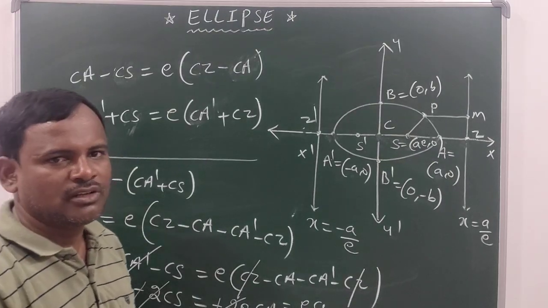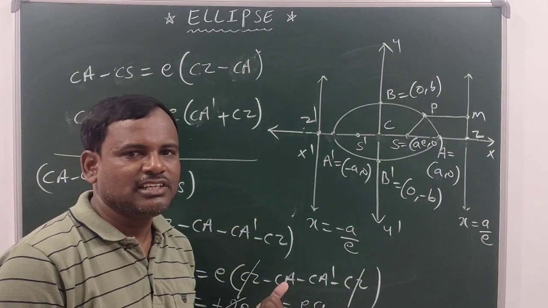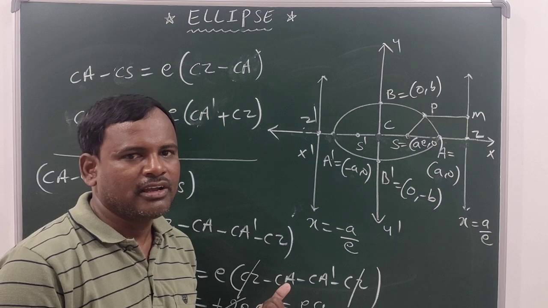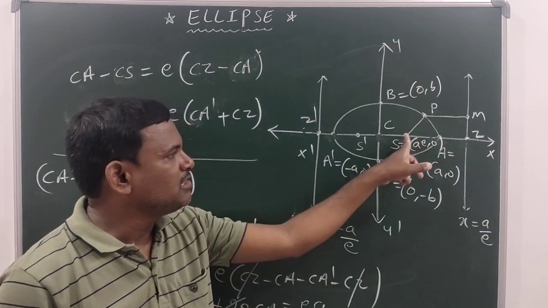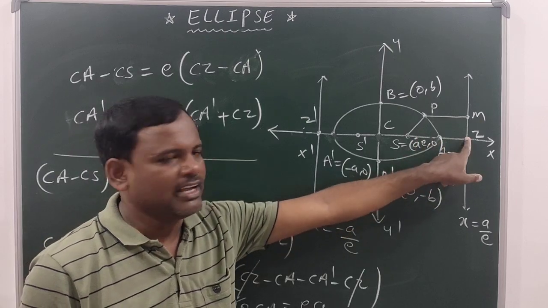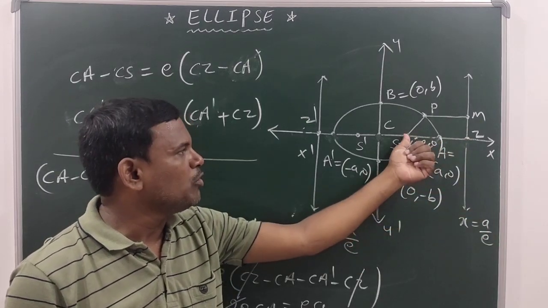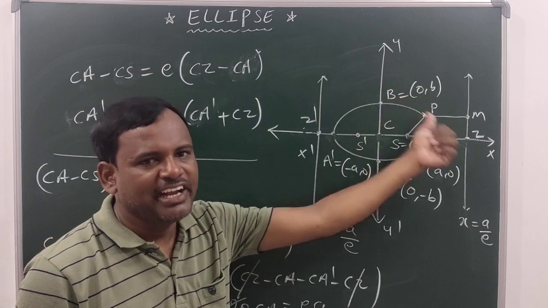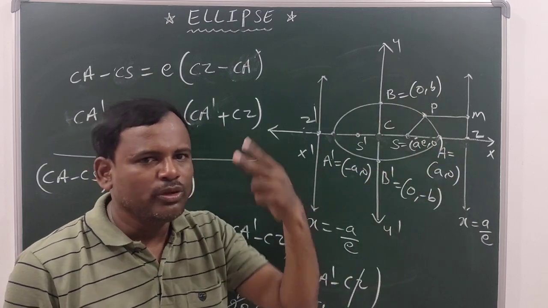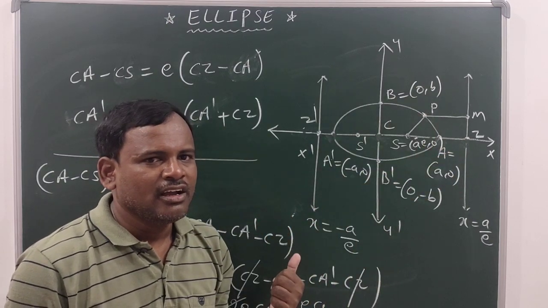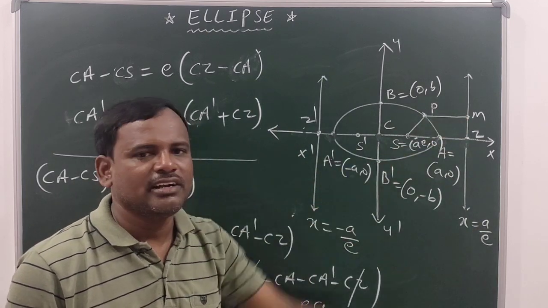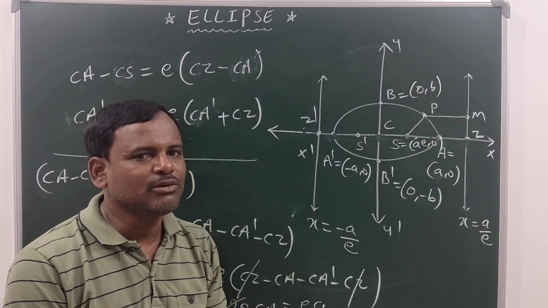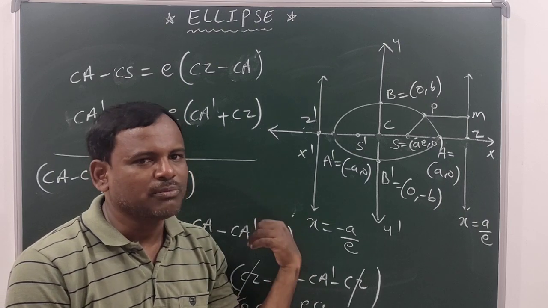Okay, students? So we defined the eccentricity in two ways. One is SA by A dash Z equal to E, and the other is SA dash by A dash Z is equal to E. Two equations were generated and we added both, so that we got the directrix equation, x equal to A by E, and we subtracted both.